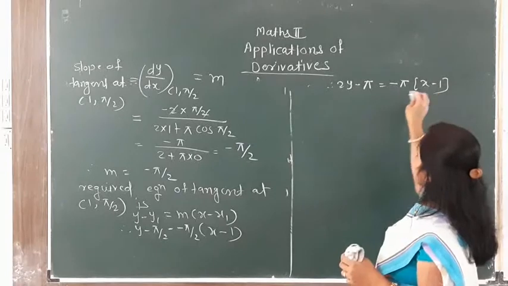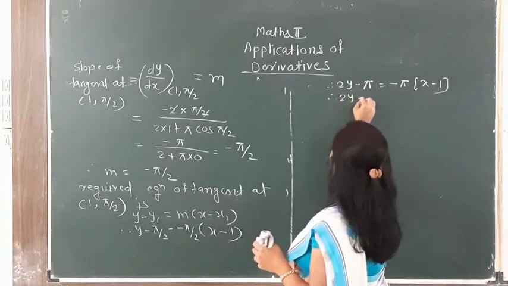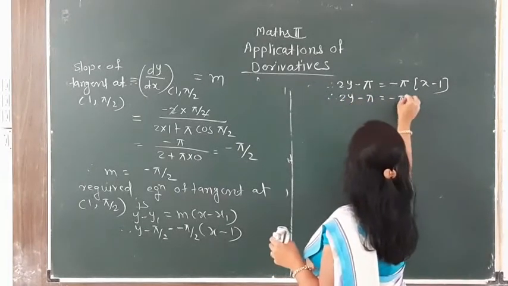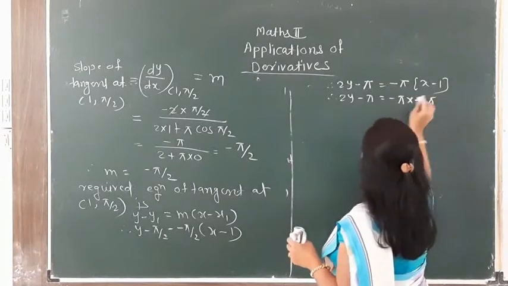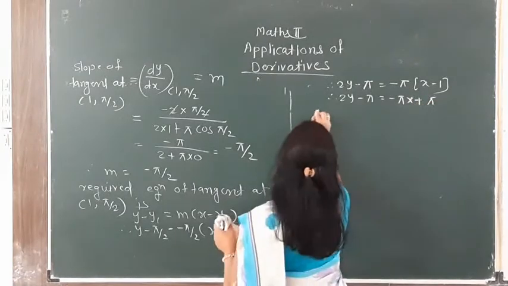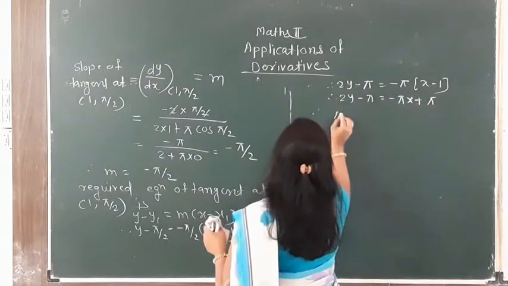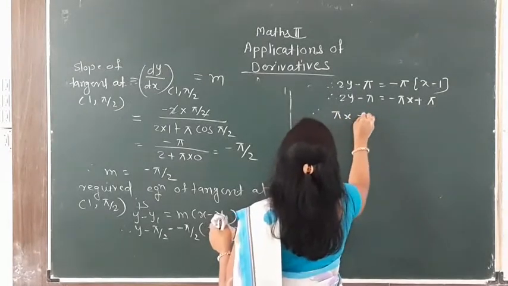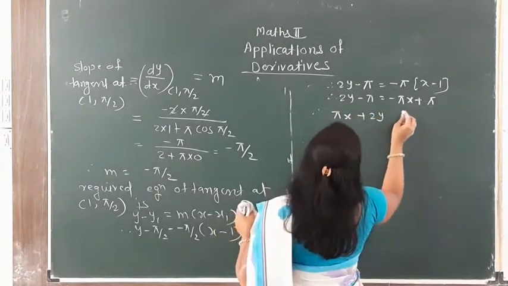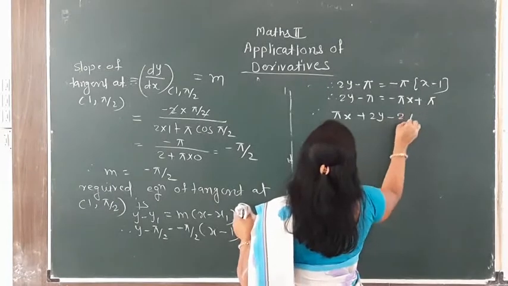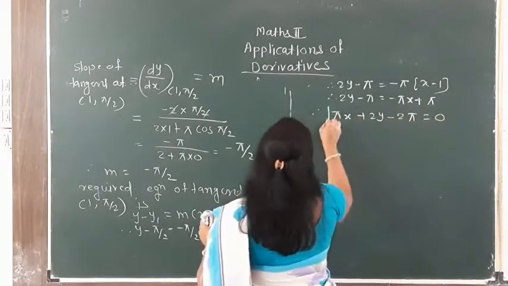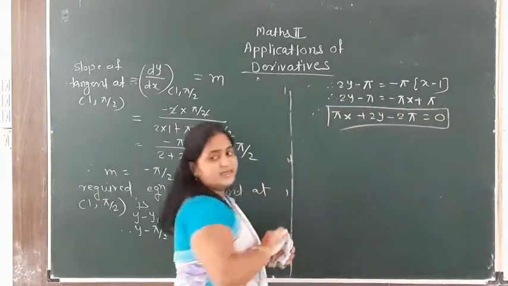Now multiply π inside the bracket: 2y − π = −πx + π. Now the required equation of tangent is πx + 2y − 2π = 0. So this is the required equation of tangent.